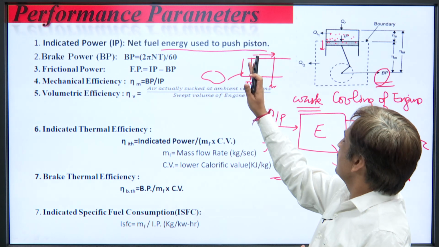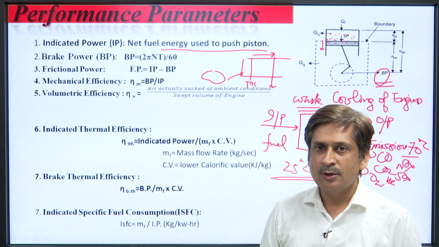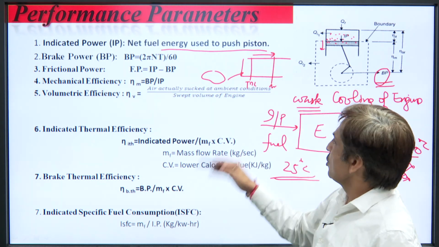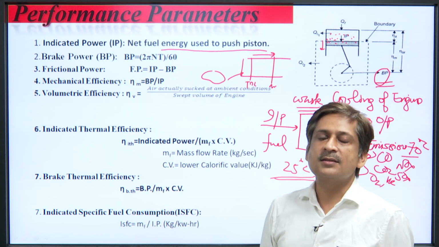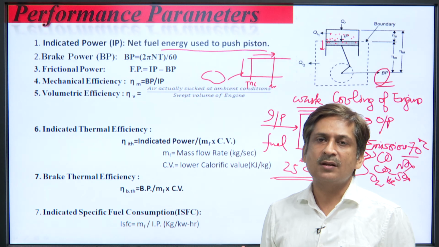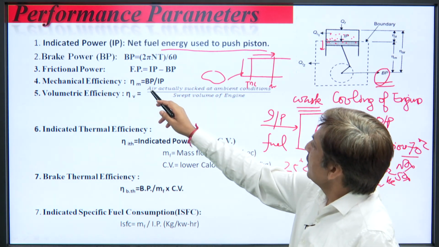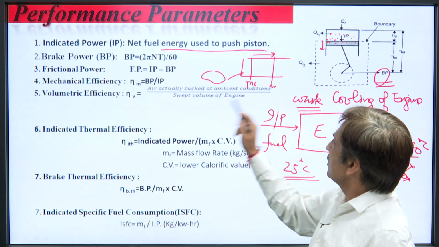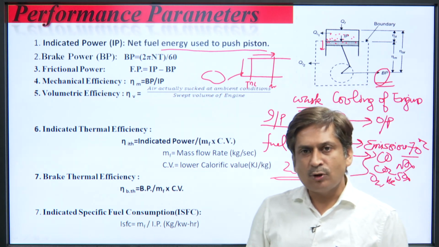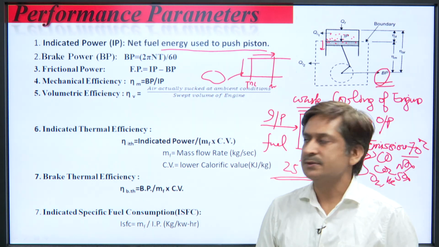When it is swept from this point to this point, it is inhaled by the cylinder. It is not necessary that the swept volume equals the air sucked, because that depends upon many parameters: humidity, temperature, and outside pressure also. So that is volumetric efficiency: air actually sucked at ambient condition divided by swept volume of the engine. It cannot be 100%, but it is desirable that it should be 100%.